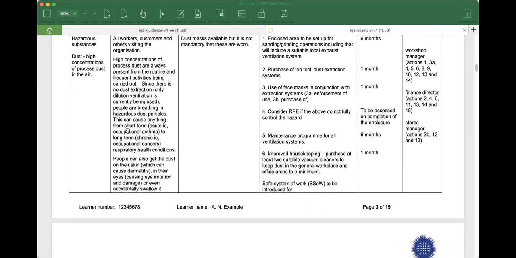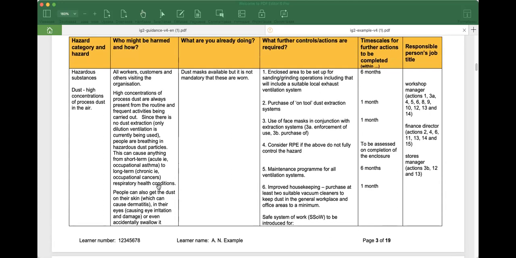This can cause anything from short-term acute occupational asthma to long-term chronic occupational cancers and respiratory health conditions. People can also get the dust on their skin, which can cause dermatitis, in their eyes, causing eye irritation and damage, or even accidentally swallow it.